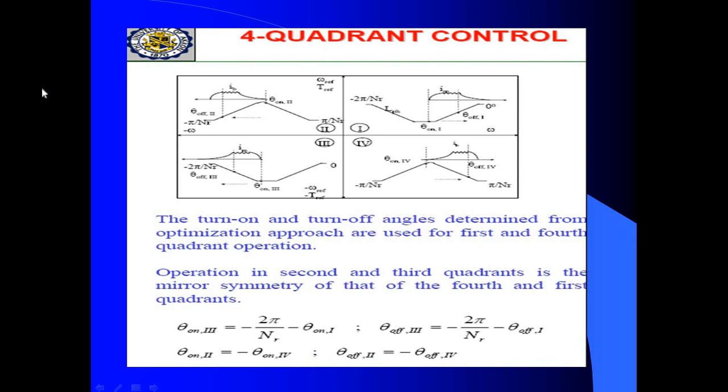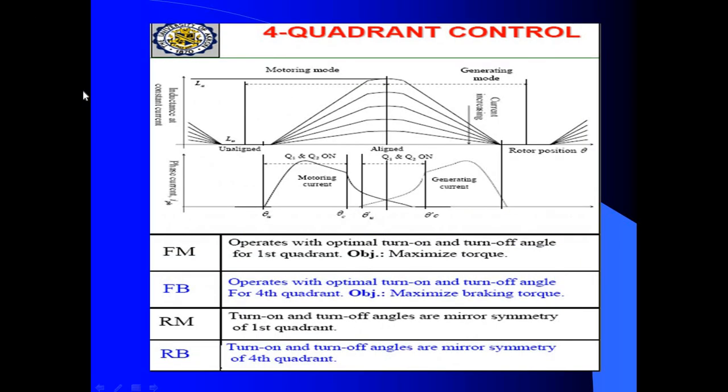Here third and second quadrant, that is minus 2 pi over Nr equal to theta m reference, and that is equal to theta m effective, and also the moment of inertia. Then theta on second quadrant is minus theta m of the fourth quadrant, and theta effective in second quadrant is minus theta angle of fourth quadrant.